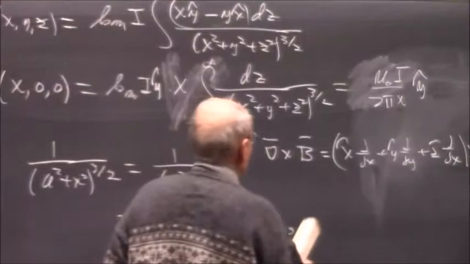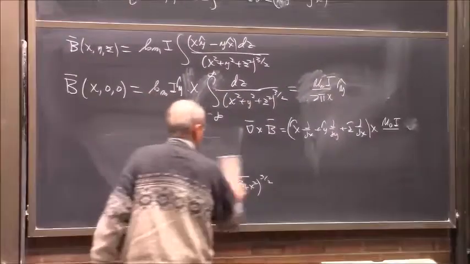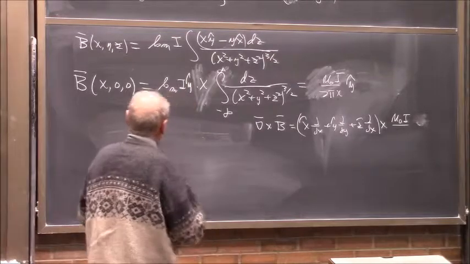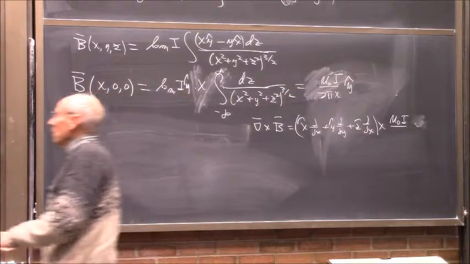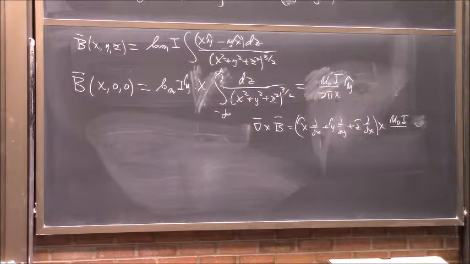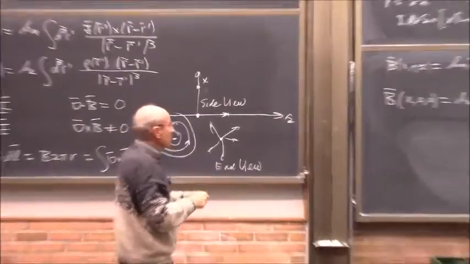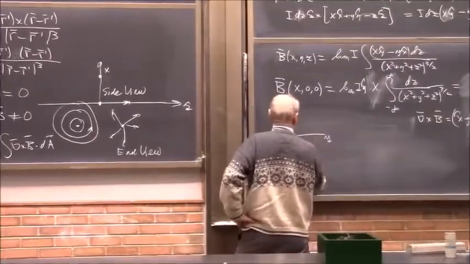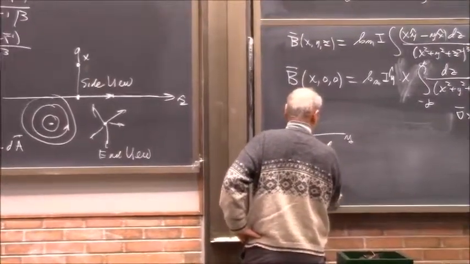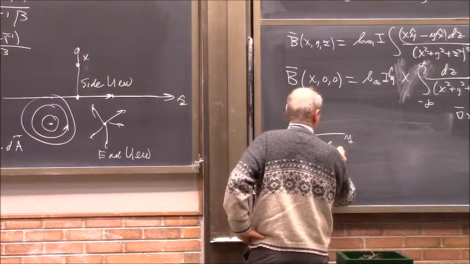So the easier way to do this would be to recognize that what this is really is the distance from here to here, which if I did it in cylindrical coordinates would be rho. And it is pointing in the positive y direction, which is out of the board. And that would correspond to the theta direction. Because if you've got this arrangement, this x, this y, then theta is this way, rho is that way.